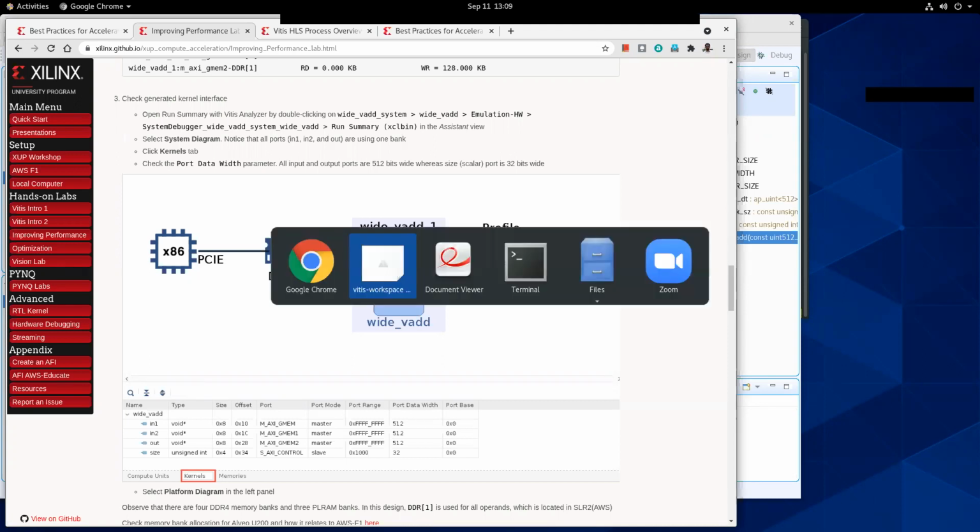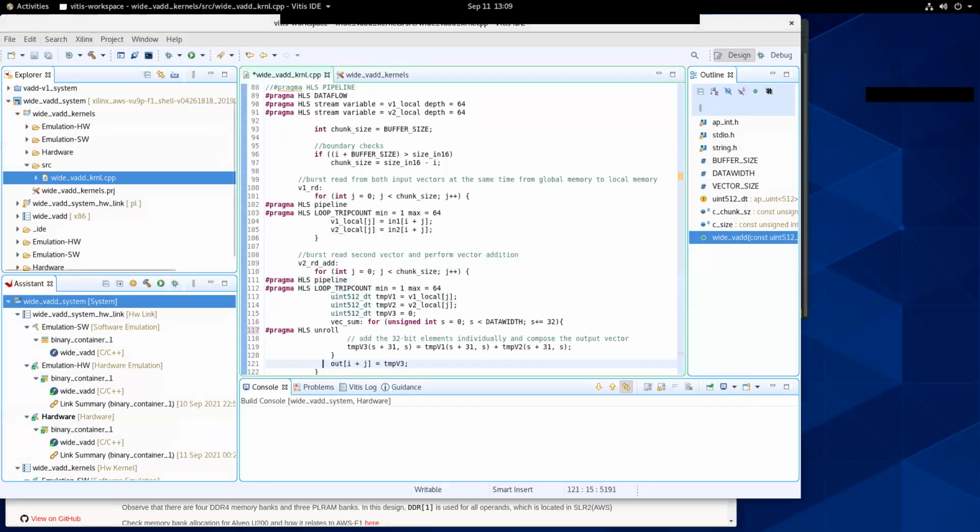So instead, in this particular design, it is possible for us to say that in1 I will put in DDR0, and in2 I will put in DDR1, and out I will put in some other DDR, DDR3. We can have something like that. Okay, so this is what we have here.